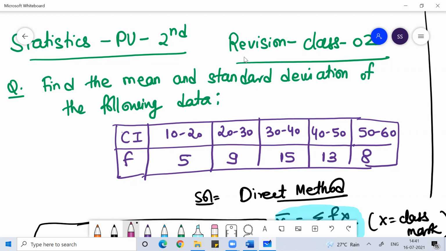In case your class intervals are not exclusive or continuous, then you have to convert the discrete class interval into the continuous class interval first, and then you can process your calculation. I hope you are understanding. Once you know that your class interval is continuous in nature, you can start solving the problem.